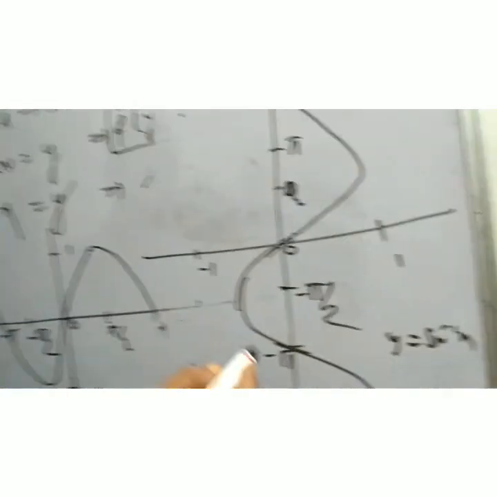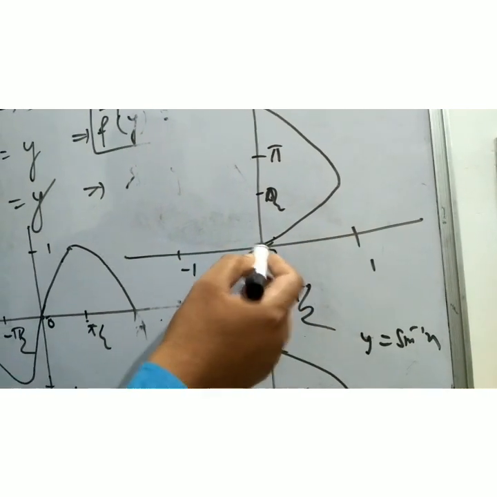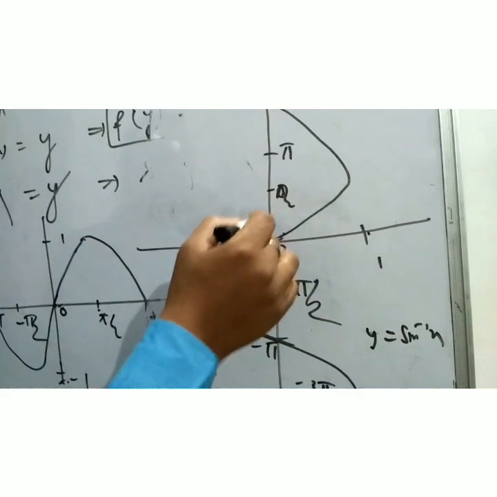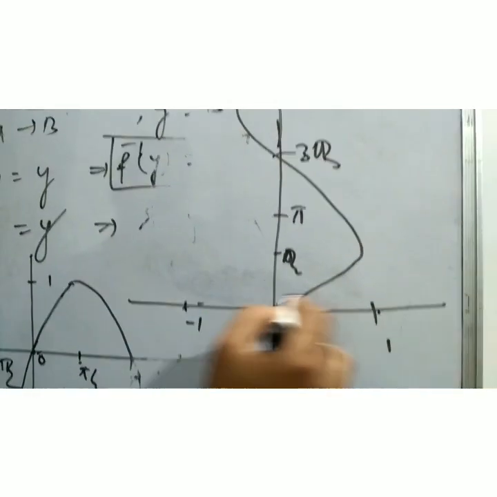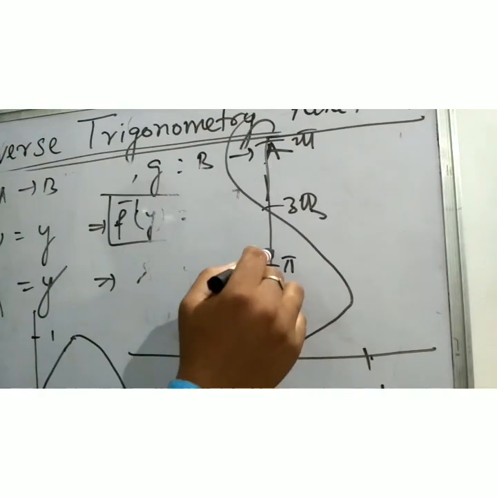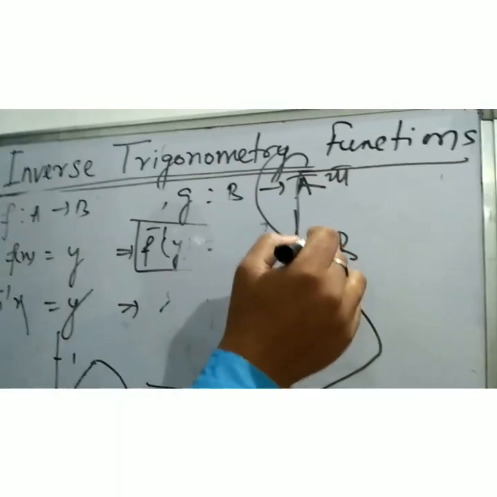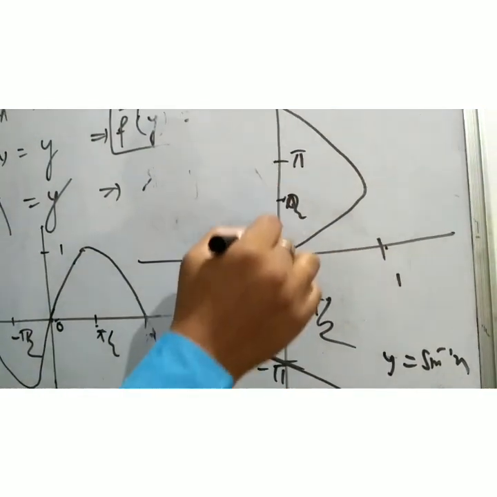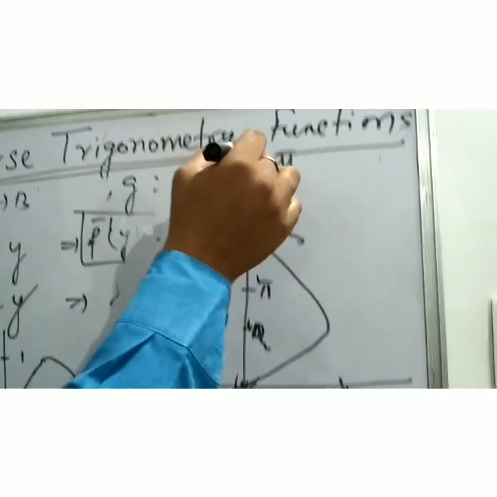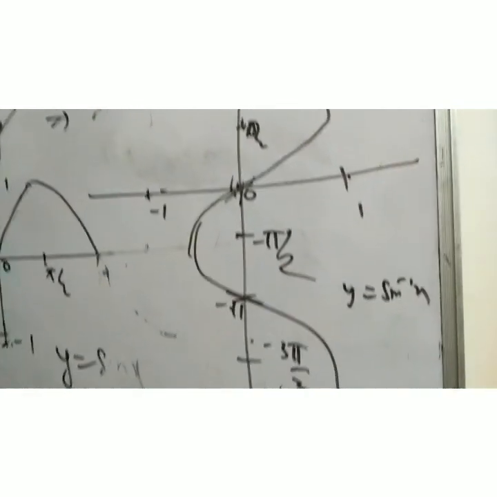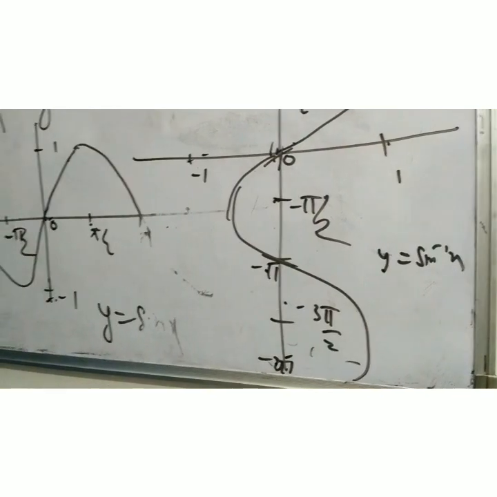But now the domain is minus 1 to plus 1, and the range will be 0, pi by 2, pi, 3 pi by 2, 2 pi, and minus pi by 2, minus pi, minus 3 pi by 2, minus 2 pi. So it will reverse.